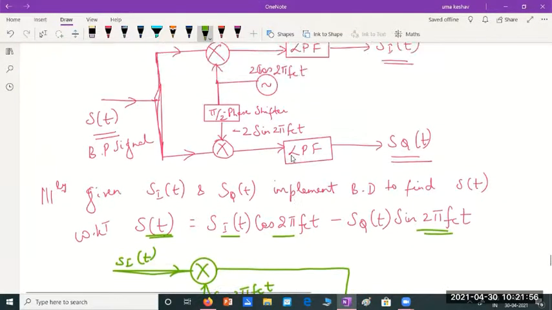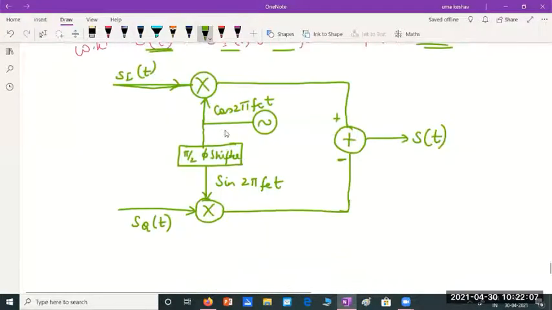Okay, one small thing. See here, I had written 2 cos 2 pi fct becomes minus 2 sin 2 pi fct here. Then what will happen to cos 2 pi fct? It should become minus. Or in other words, if I don't want this to become minus and if I want to use the minus here, I have to use a minus pi by 2 phase shifter block here.